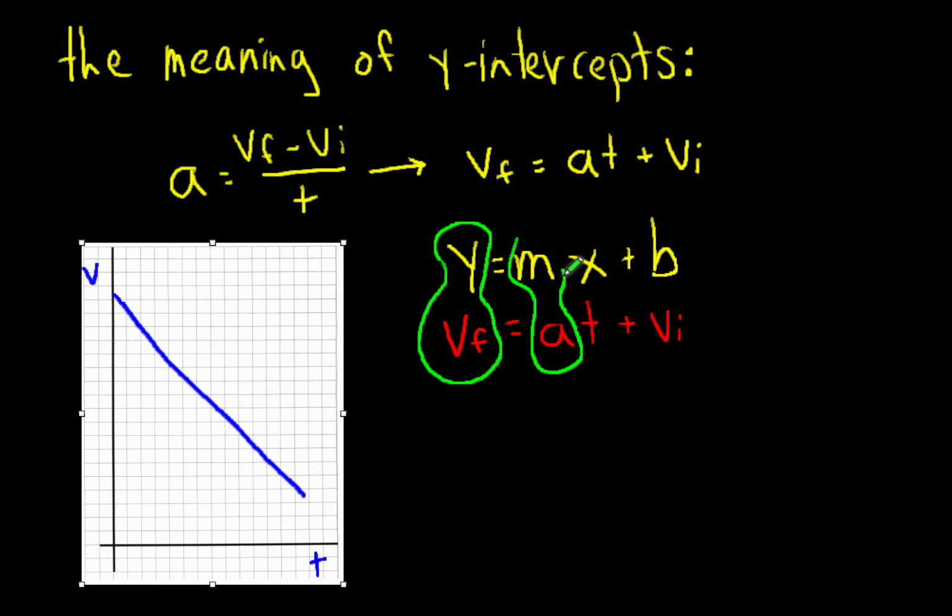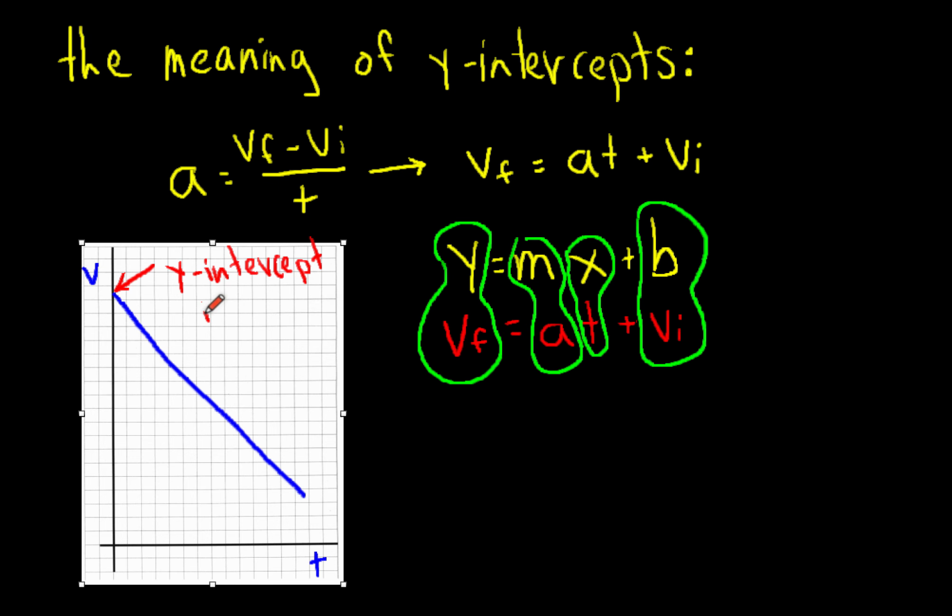The slope of a v versus t graph is always acceleration. The x-axis, we've plotted t. That means what's left, the y-intercept, must be the initial velocity. So the y-intercept for a v versus t graph is the initial velocity. You can also think of this as the velocity at time equals 0, which is the velocity it started with.